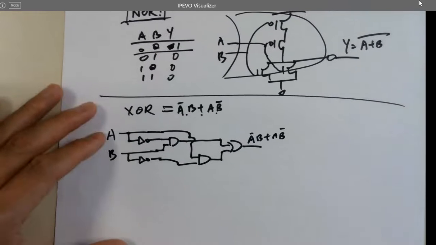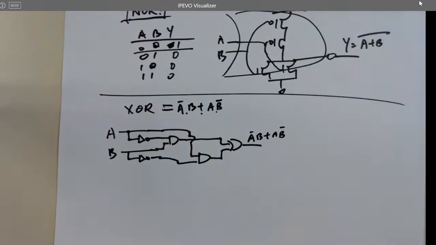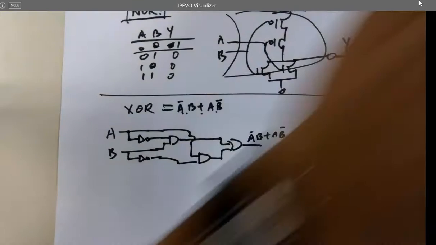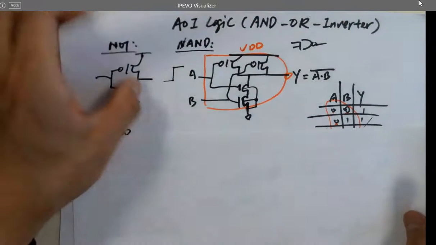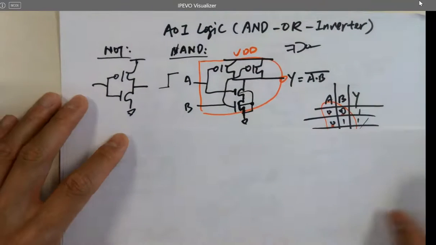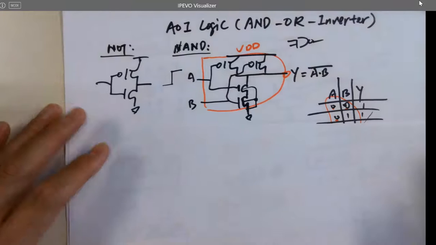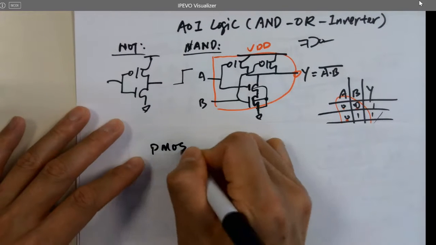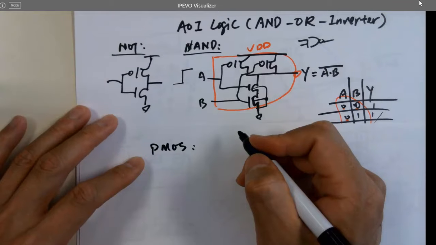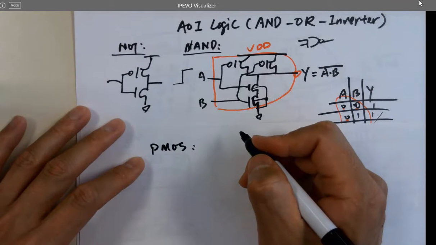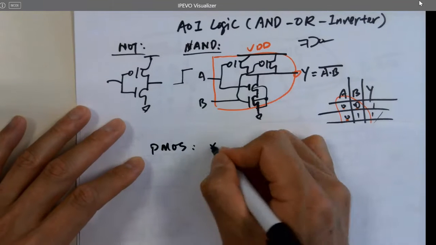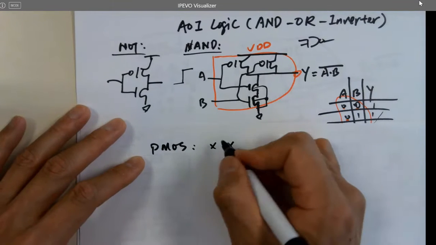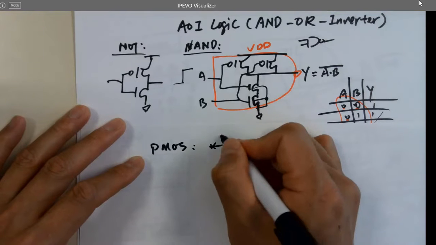How do we design the layout for the NAND gate before we move forward? Figure that out first. What about the layout? For PMOS, I think what we use for the PMOS is a cross. So these are the two PMOS contacts, and here's a channel, and here's a gate.